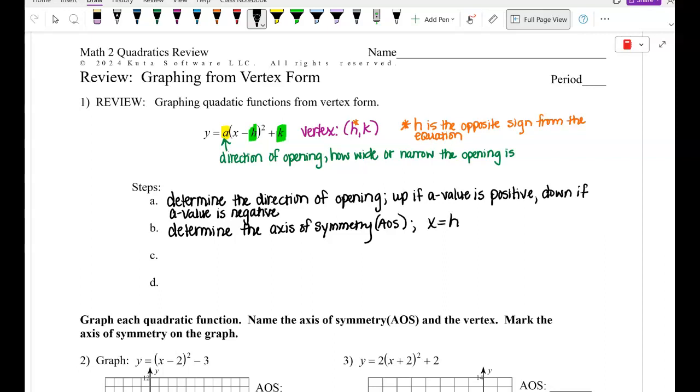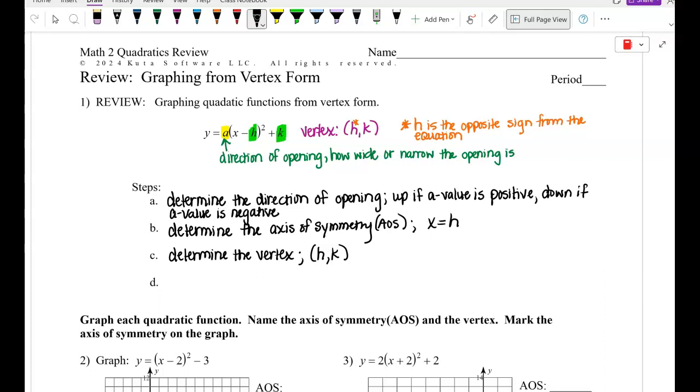The next step, determine the vertex. And that is going to be, again, we already said it, that ordered pair h, k. And then I've talked about using the a value to find the next set of points. Now it only works for the first set of points after the vertex.